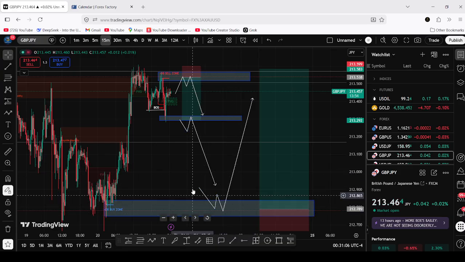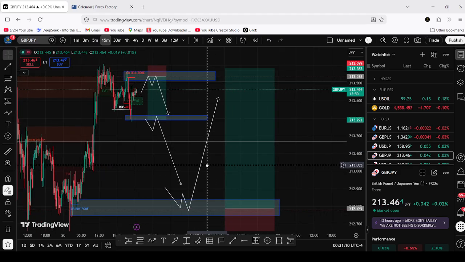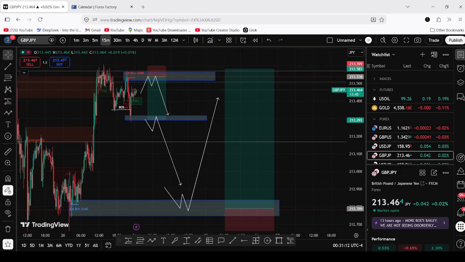So remember to be taking partial profits so that you can be able to learn risk-free trade. So that's what is there in terms of that instrument called the GBPJPY. So then we touch the euro.